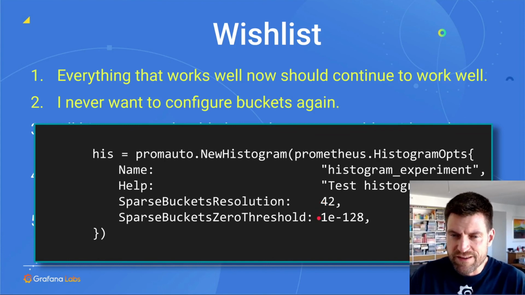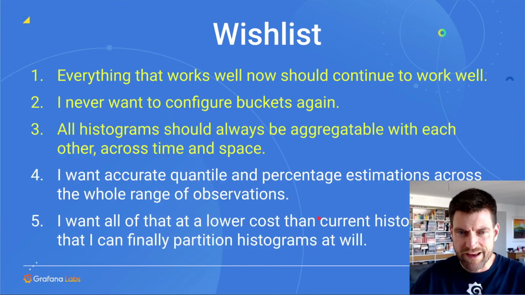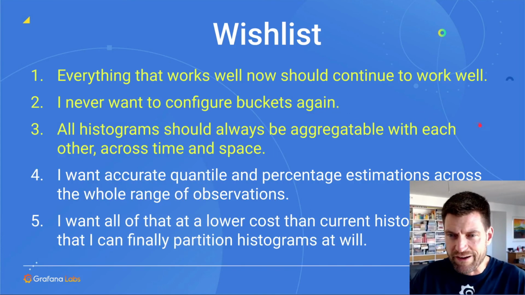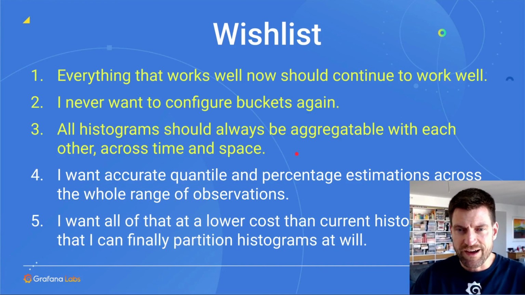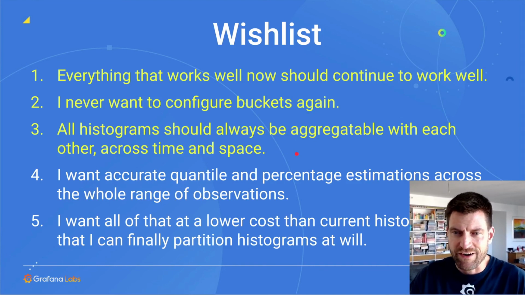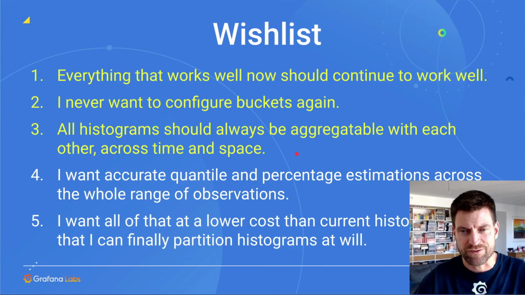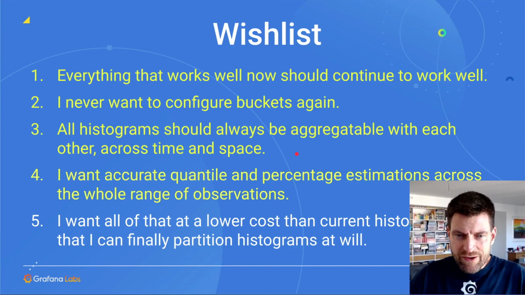Because if you change this resolution, you run into the next problem. All histograms should always be aggregatable with each other across time and space. Yeah, if you change the resolution, you will not have this, but ideally there's a resolution that will cover most of the cases, and only in very special cases you have to change that. I want accurate quantile and percentage estimation across the whole range of observations. It's also almost.